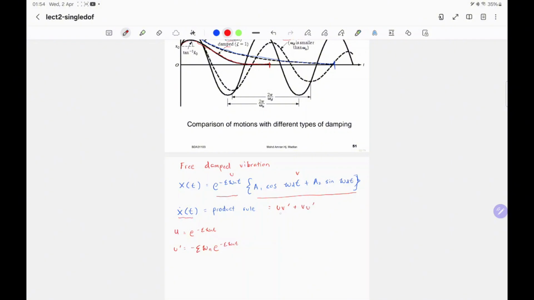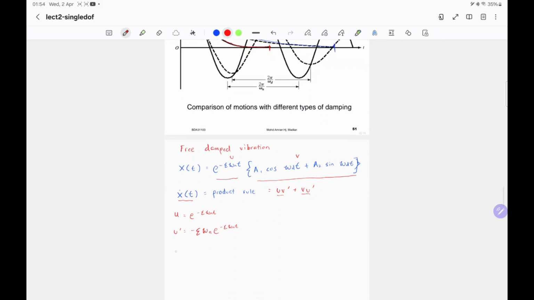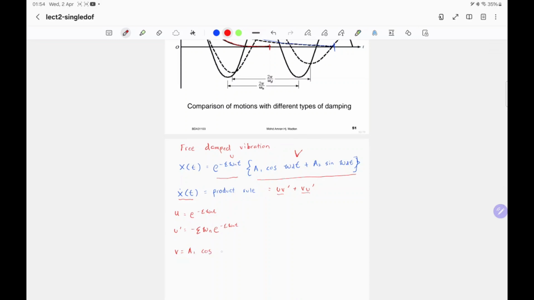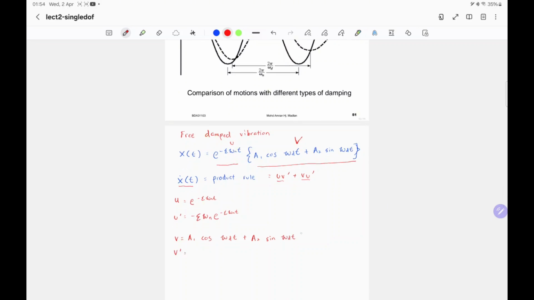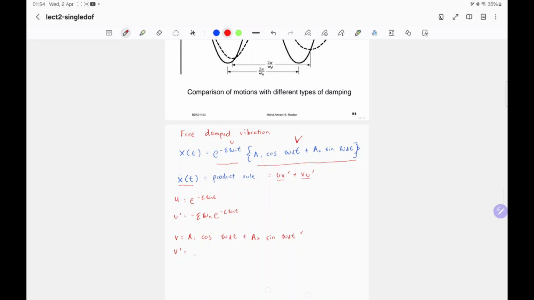To find x dot, v is a1 cos omega d t plus a2 sin omega d t, and v prime is the differentiation of this, so we get negative omega d a1 sin omega d t plus omega d a2 cos omega d t.